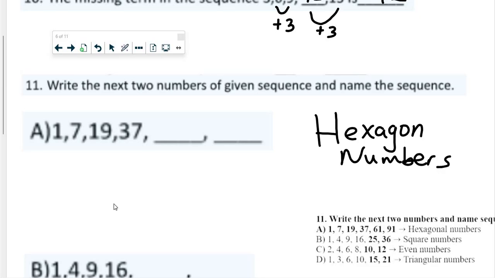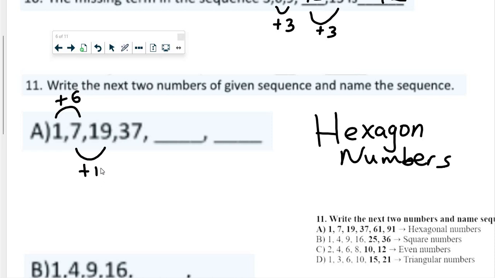How do we get the next number? Hex means 6. So from 1 to 7, they added 6. To get the next number from 7 to 19, take 6, add it to itself, you get 12.